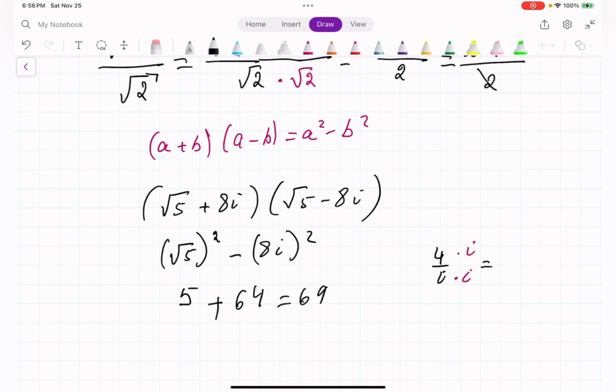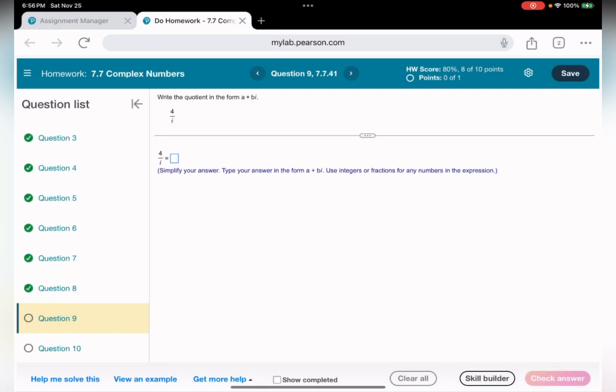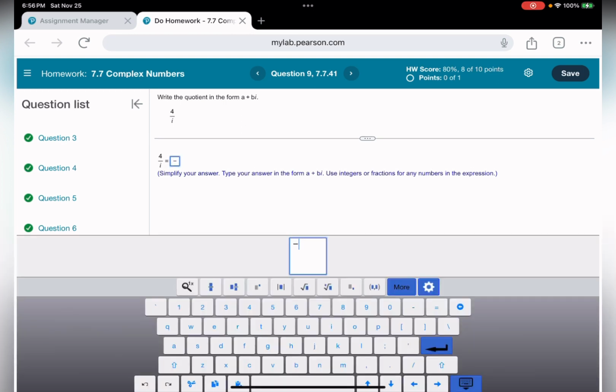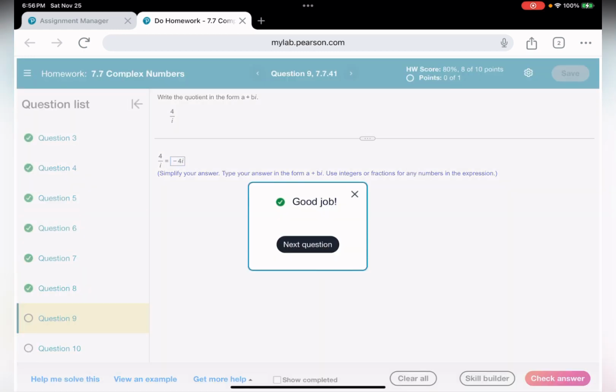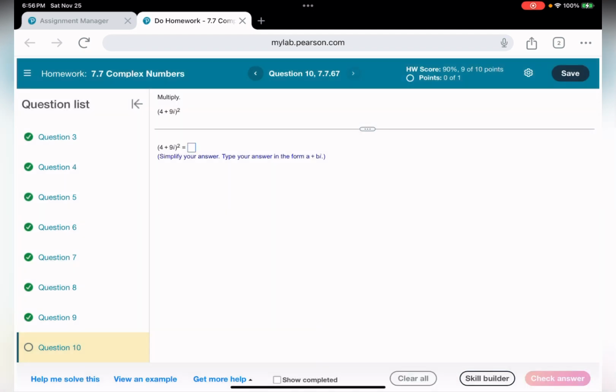And as a result, I'm getting here i squared and here 4i. i squared is equal to negative 1, so it's going to be equal to negative 4i. Beautiful.